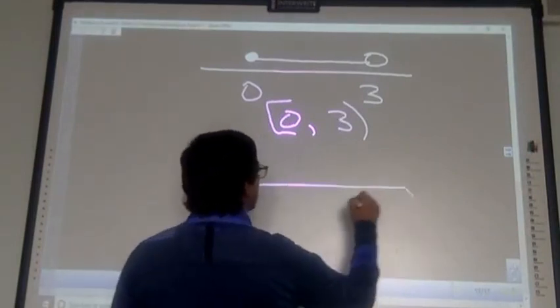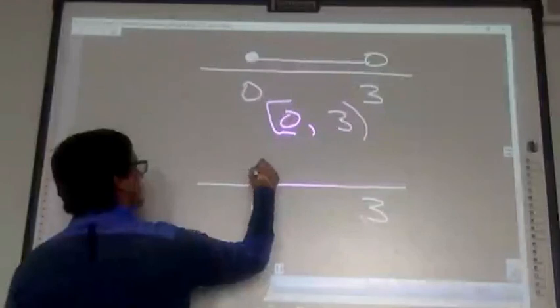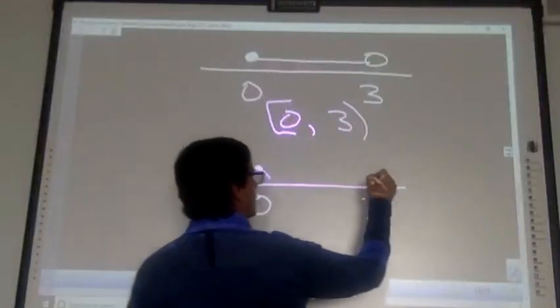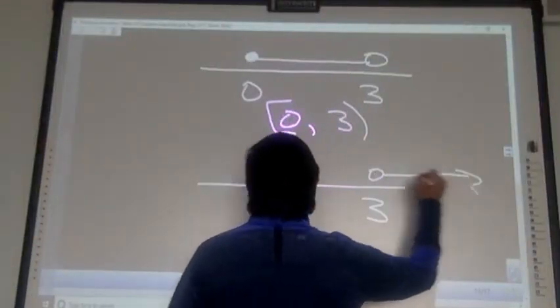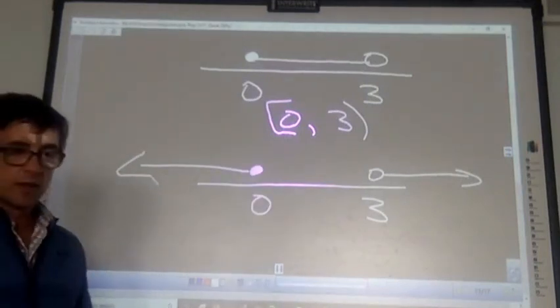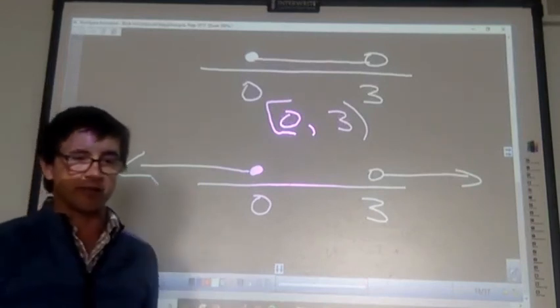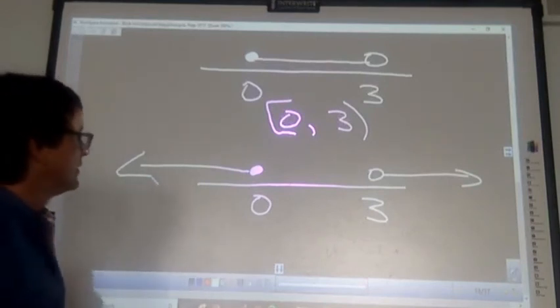Last, we'll do the same thing, 0 and 3, except the arrows are going to go out. So with this one, you got to write two different sets of parentheses, right?